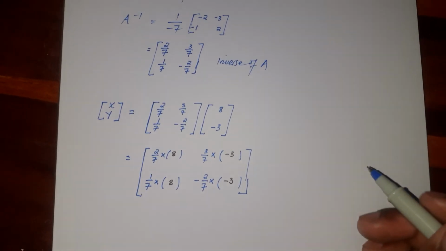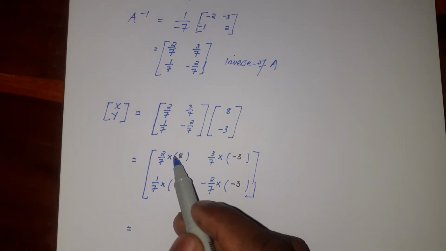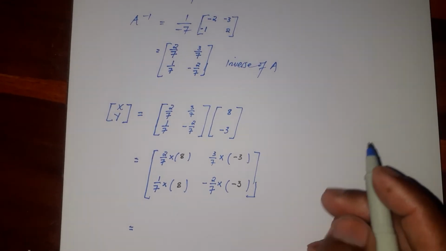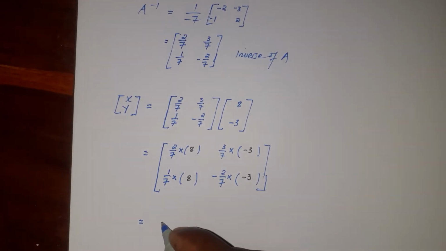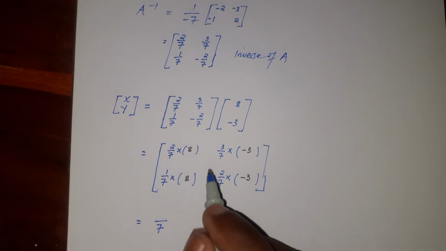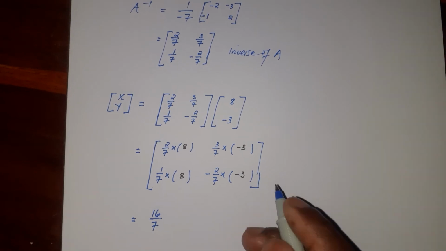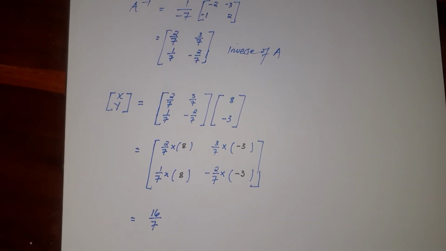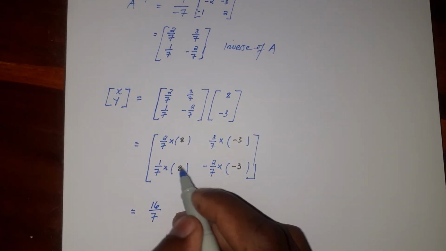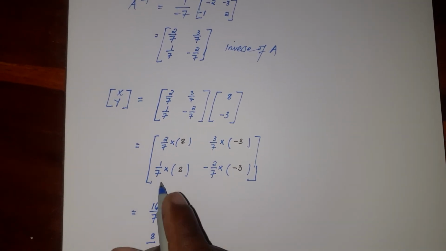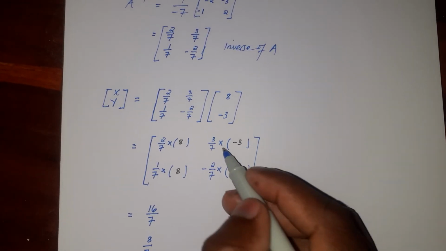Now after that, we have to multiply 8 times 2 over 7. Just the matter of writing over 7, 2 times 8 is 16. And then we move on to the second. 1 times 8, we write 8 over 7. We move on to this one.